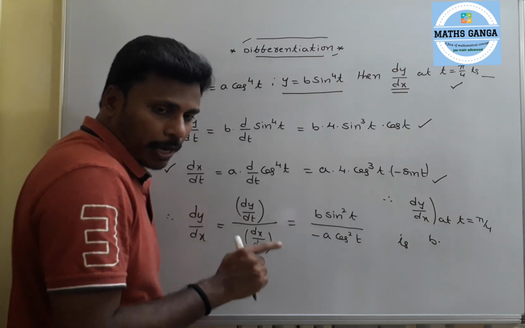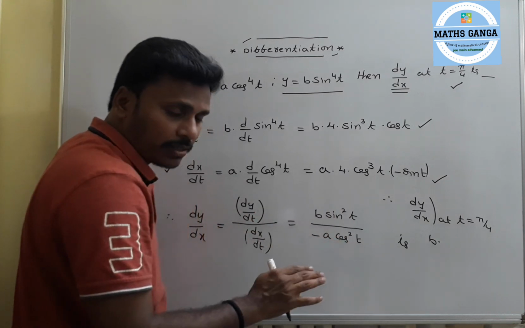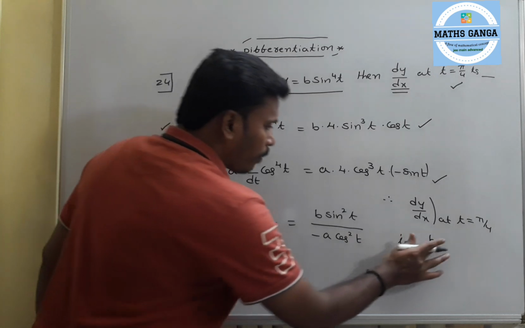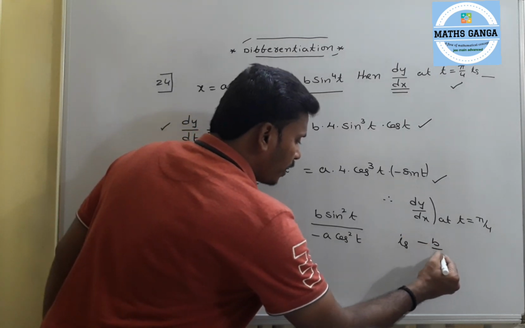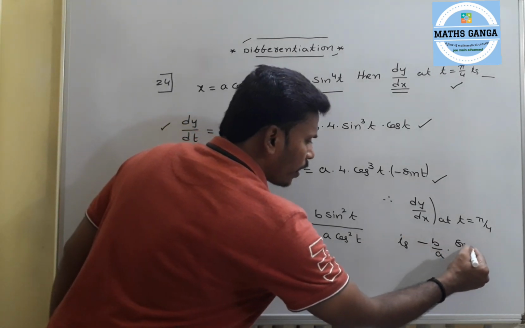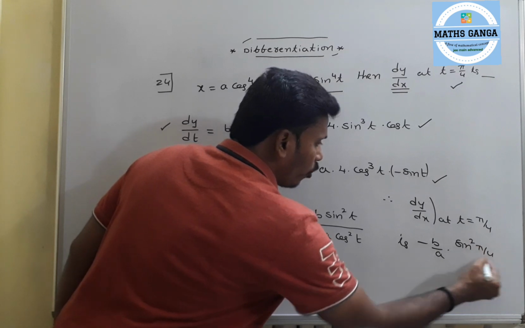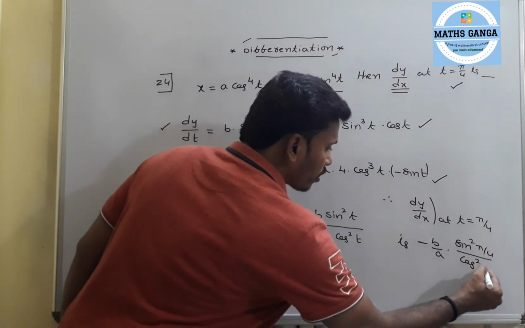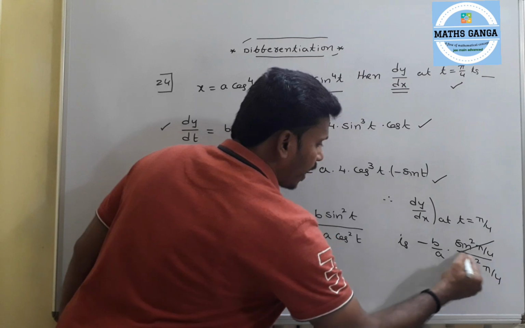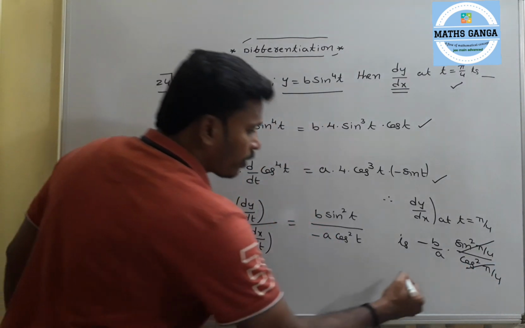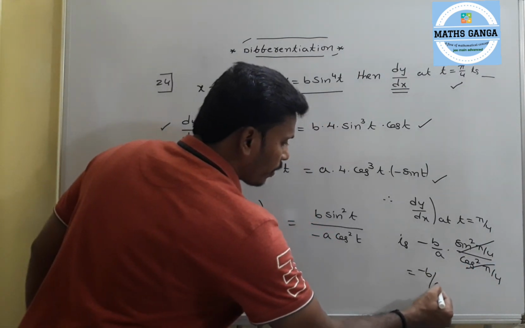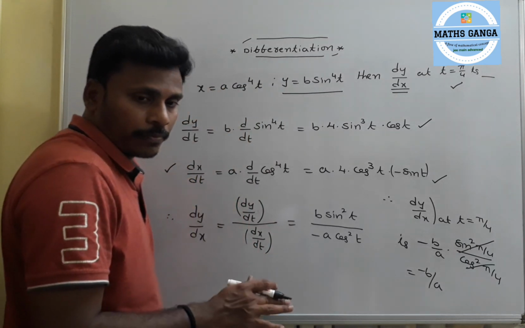Sin pi by 4 as well as cos pi by 4, both are the same, right? So this b by a along with the minus sign is nothing but minus b by a into sin square pi by 4 divided by cos square pi by 4. Simply cancel these two. You are left with minus b by a. That's our answer finally.